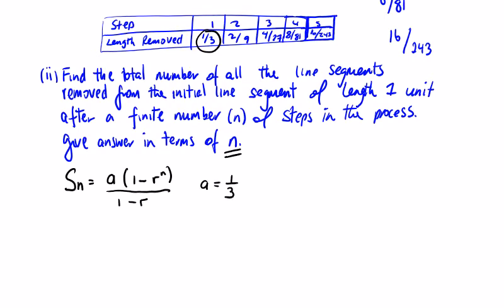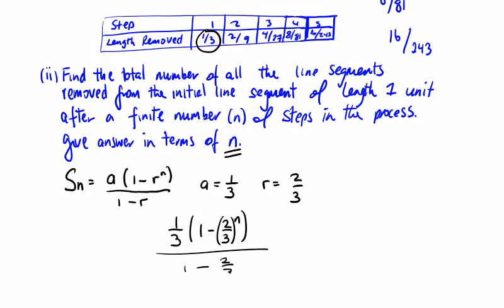And what are we multiplying by? Well, we said already we're multiplying by 2 on top and 3 on the bottom. So the ratio, that's 2/3. So just fill your values in. 1/3 by 1 minus 2/3 to the power of n divided by 1 minus 2/3.